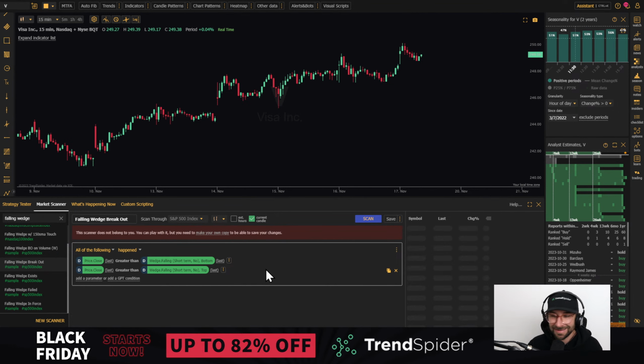And just by design, those conditions can change as the candle forms. Before it closes, conditions that are true right now may not be true later on as that candle continues to form, if it's not closed yet. So important to understand the difference there. That's an important little piece.